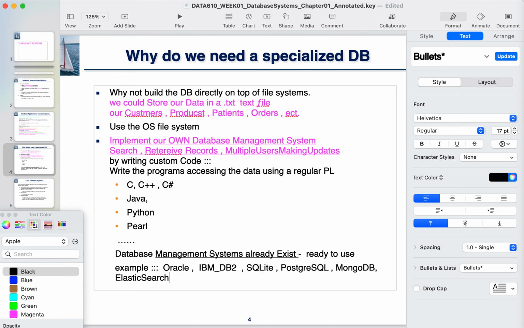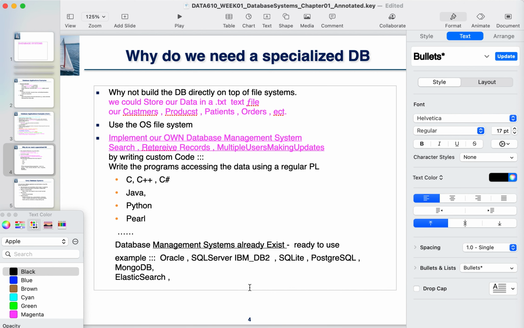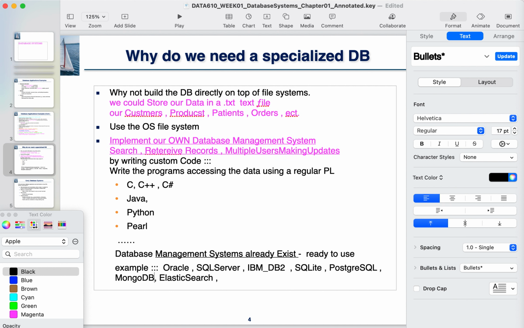Microsoft SQL Server. Many databases exist, management systems, right? We don't need to code our own one, but we could if we wanted to.